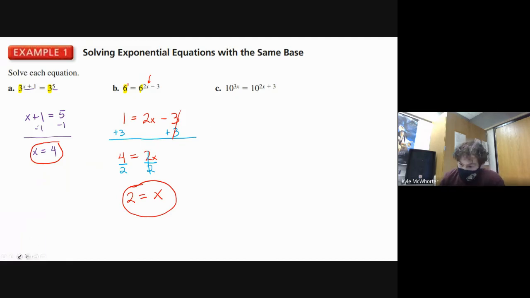Then on C, we've got the base is 10 on both sides. So the exponents have to be equal to each other. So then our next step would be to say that 3x has to equal 2x plus 3.